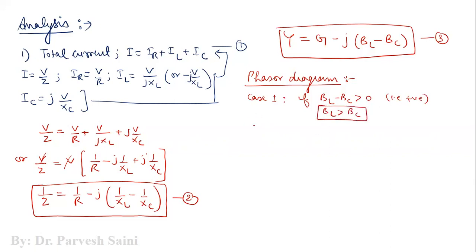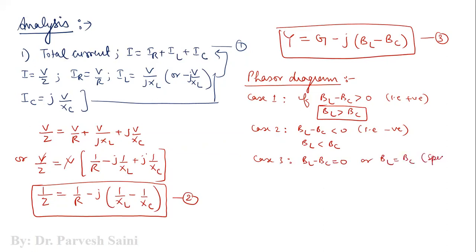Case 2 is BL minus BC is less than 0, that is negative, or BL is less than BC, right? Case 3 is BL minus BC is equal to 0, or BL is equal to BC. So this is the special case, right?